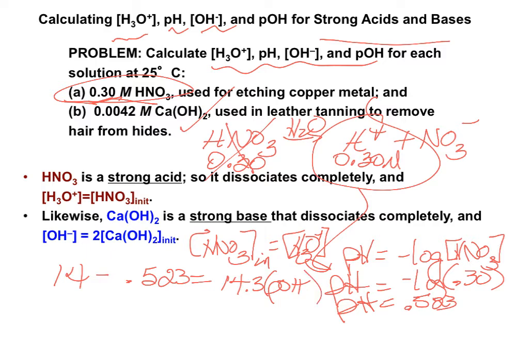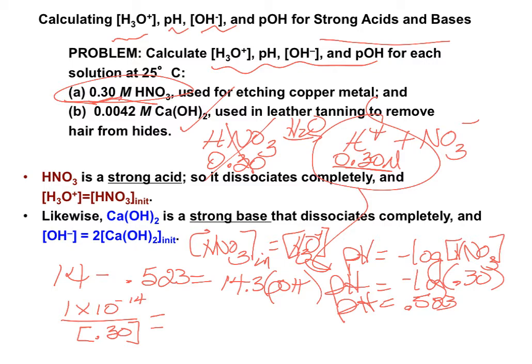And then how you get from concentration of hydronium to concentration of hydroxide is the Kw value, 1 times 10 to the minus 14, divided by 0.30, which is the concentration of hydronium. And that will give us the concentration of hydroxide.